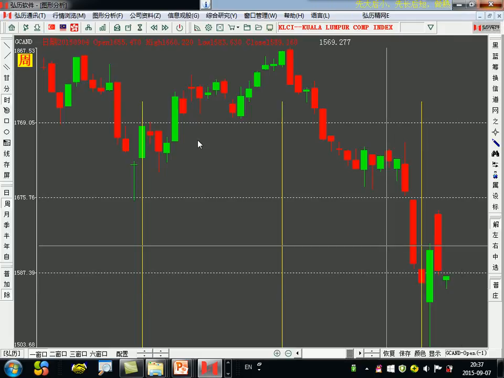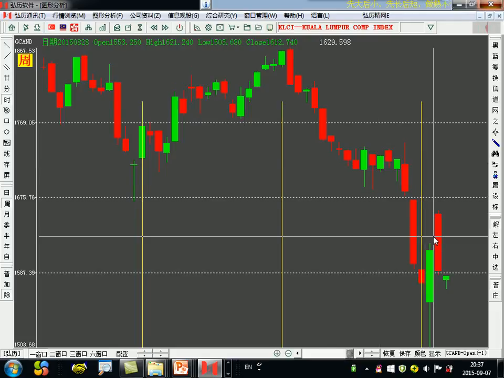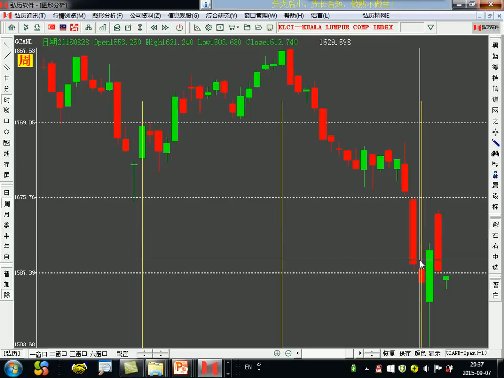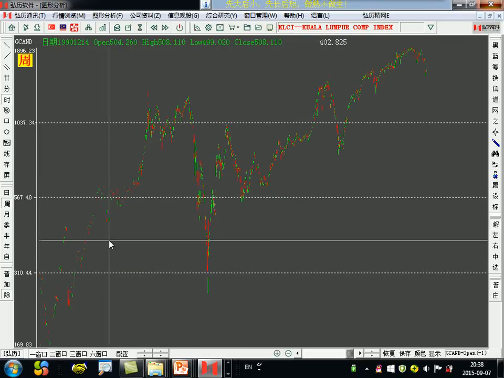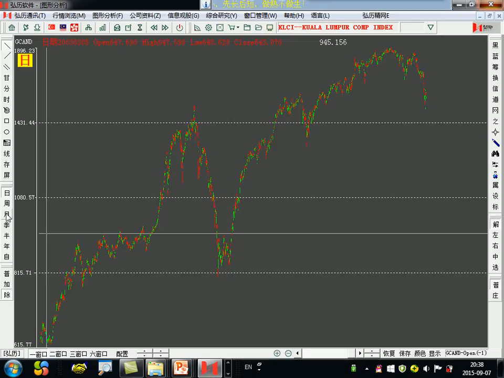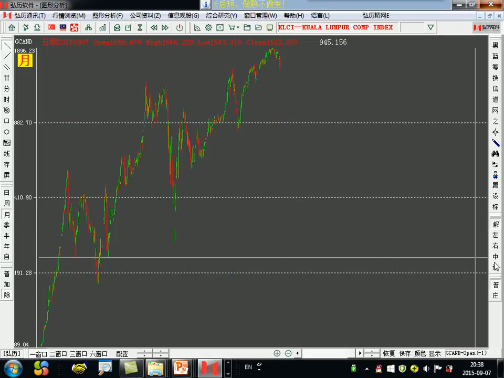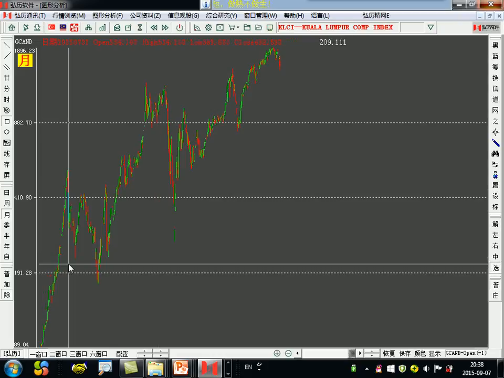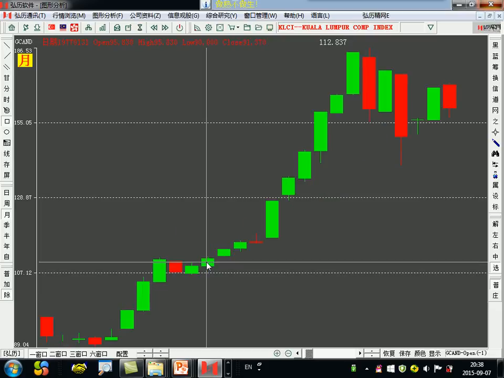Okay, so this is the current stock market. Actually, we can test the market with the 17 on the monthly chart, from the beginning to now, based on the monthly chart, not the weekly. This time we test on the monthly chart. 17.